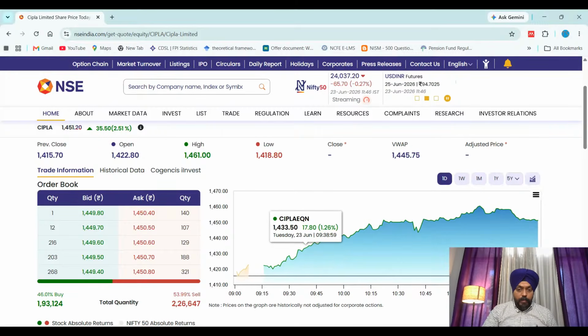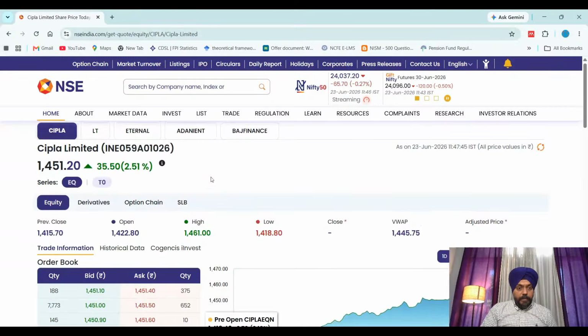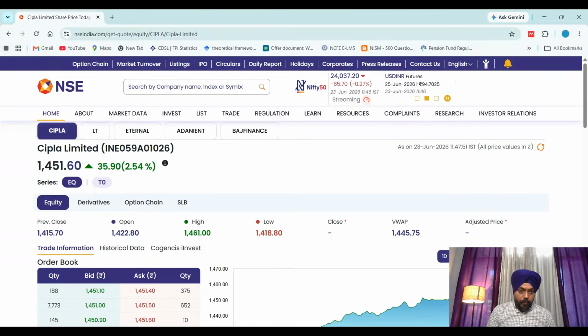Now we will apply this on our Gann level, 1426. So my support 1 is 1415 and my resistance is 1444. And the latest price is 1451 or 1452, we can say.